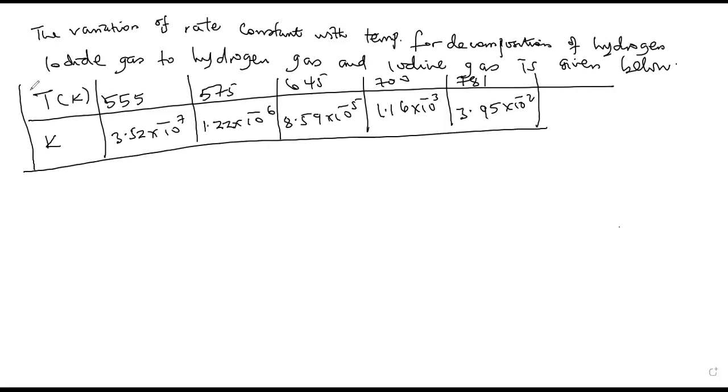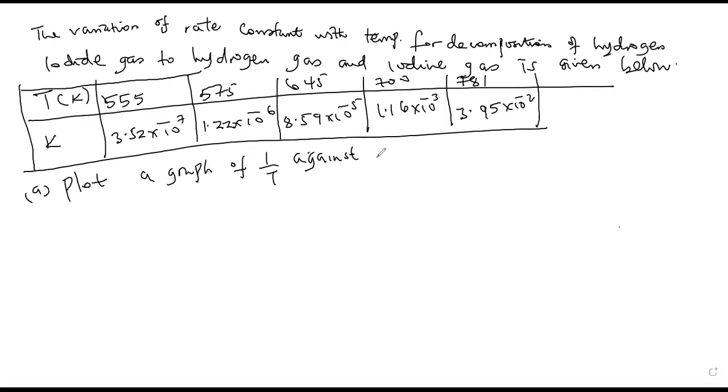So that is the table. It shows the variation of rate constant with temperature. The first part wants you to plot a graph of 1/T against the ln of rate constant.